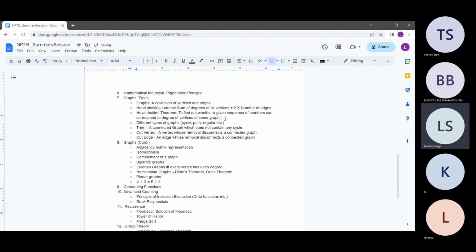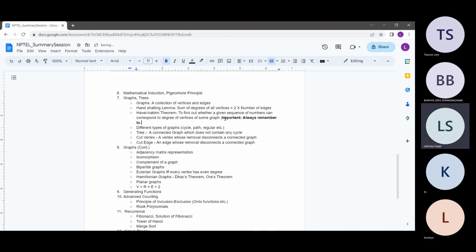And one important point I'll again make, which I made in the previous session just 1 hour before also, is to always remember to sort the sequence in descending order at every iteration.